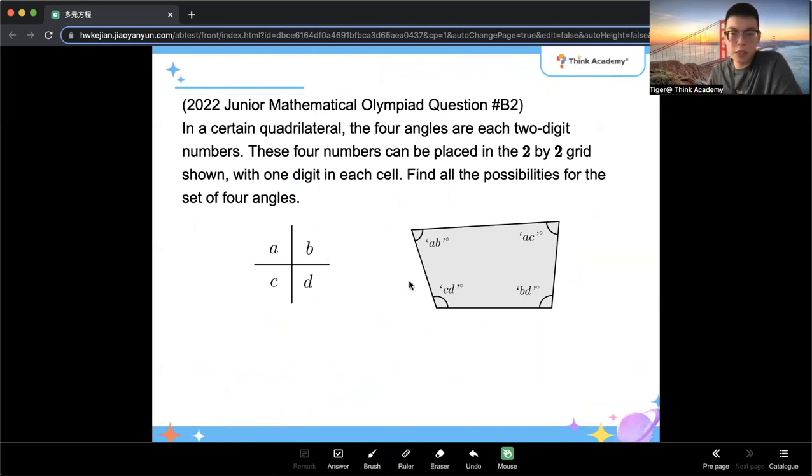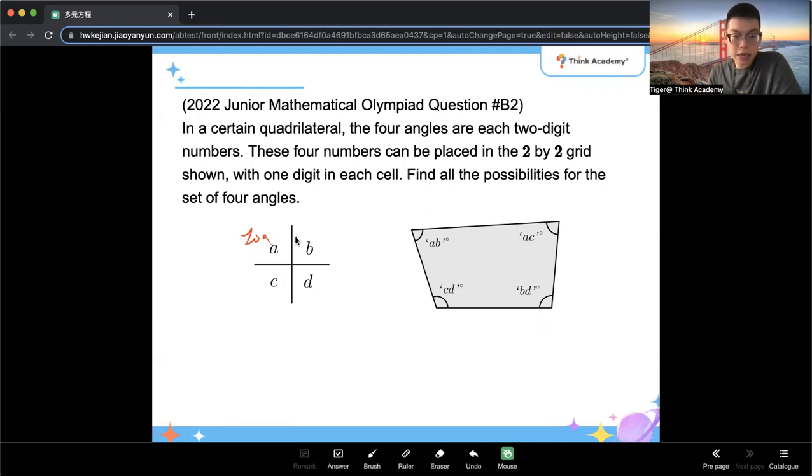So it involves geometry, it involves the place value, which is like the number theory, and it also involves the algebra. So basically, first of all, we can try to write them as, well, this is like 10a if a is a digit.